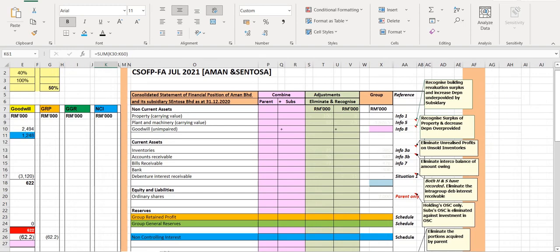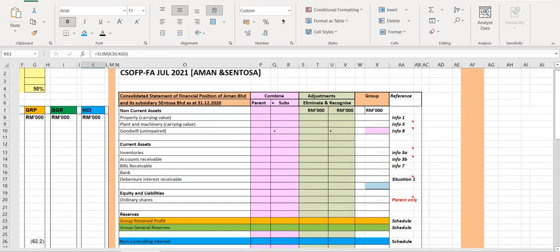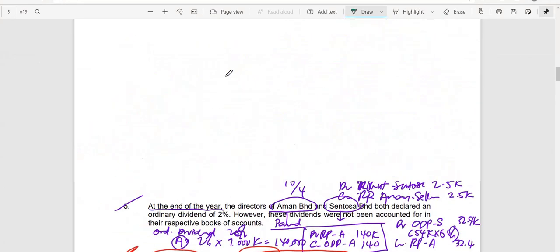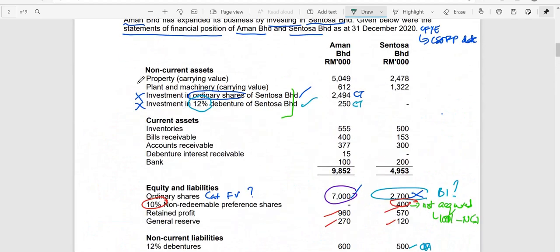Okay, just make it bigger for you. First, if you can go back to your question, you will add up what you have here, and bear in mind there was one item regarding debenture here. Take note of this.